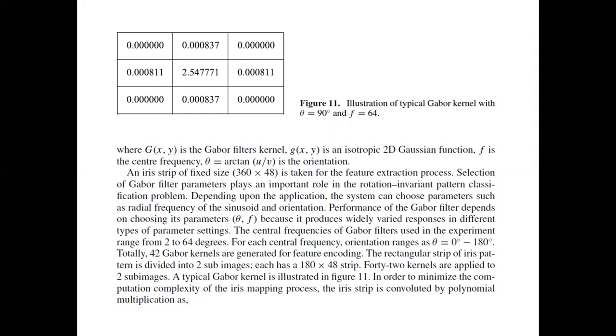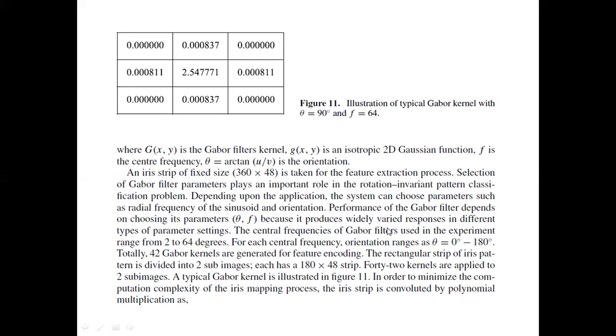Depending upon the application, the system can choose the parameters of the radial frequency of the sinusoid, and orientation. The performance of the Gabor filter depends on choosing parameters like theta and frequency, because it produces a wide variety of responses with different parameter settings.